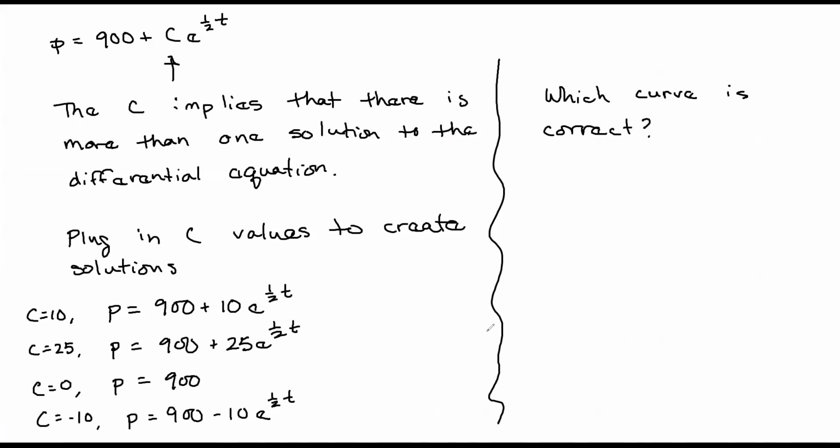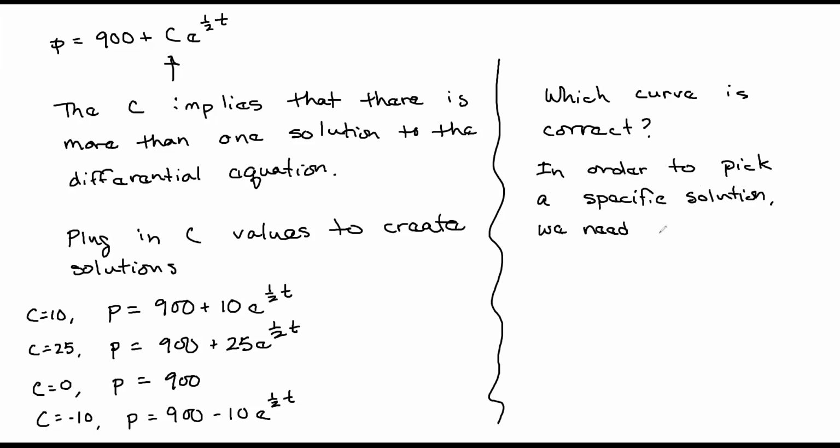Well, the only way that you're going to get a single solution to a differential equation is by having what's called an initial condition. So for example, in this case, we could say the initial condition would be that we start with 875 mice.